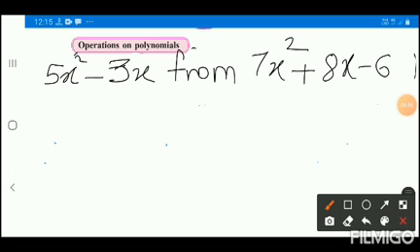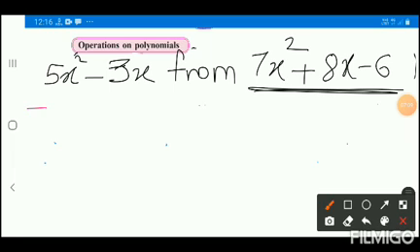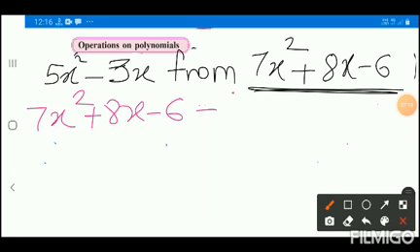That means first of all, I have to subtract 5x square minus 3x from this polynomial. So first I write this second polynomial: 7x square plus 8x minus 6. Now we have to do subtraction, so I will write the subtract sign, and the first polynomial I will write in brackets: 5x square minus 3x.